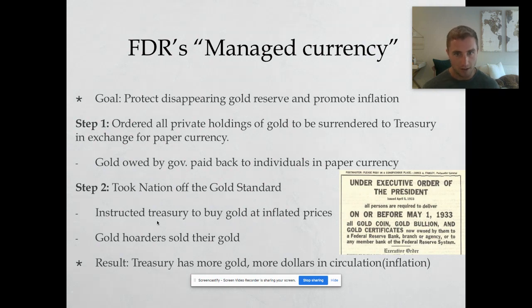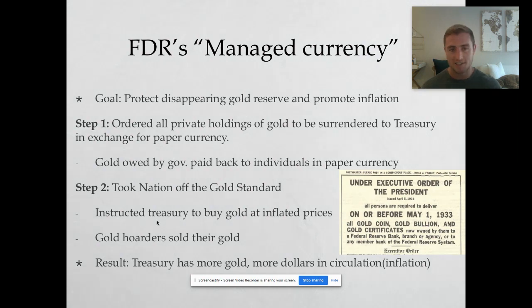So people are going to come in, they're going to give gold to the treasury, they're going to be given paper currency back. And then FDR is going to take the nation off of the gold standard, and he's going to say, okay, continue to buy gold from citizens, and we're going to pay them back with inflated prices, meaning we're going to give them a whole bunch of paper currency back. What he's doing is promoting inflation.